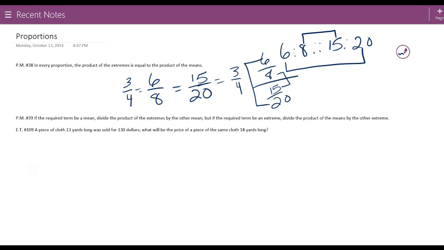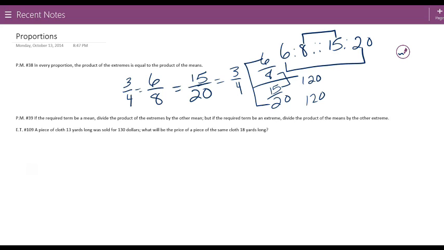Now, all of this is fine when we're dealing with numbers and everything works out. Of course, when we have 6 times 20, that's 120. And then 8 times 15 is also 120, so we can see that those are equal. The difficulty comes in when you are missing one of these means or extremes, and that's when we need to apply some problem-solving skills.